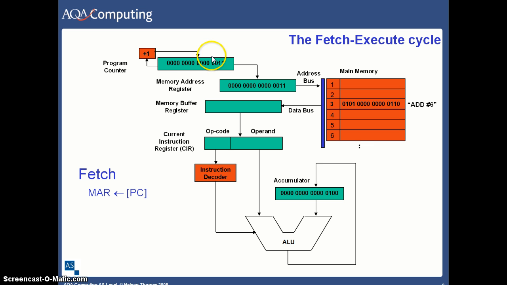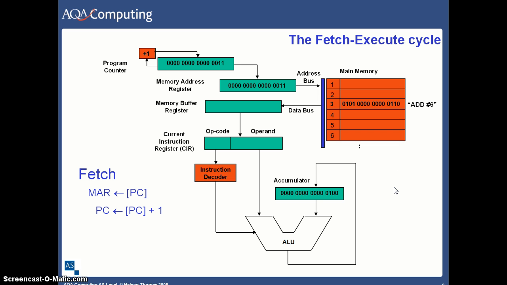And we can see that there, the program counter currently has the binary for number 3. Inside that is transferred to the memory address register. The memory address register acts like a buffer. It waits there to go on to the address bus, and that gets transferred to main memory.